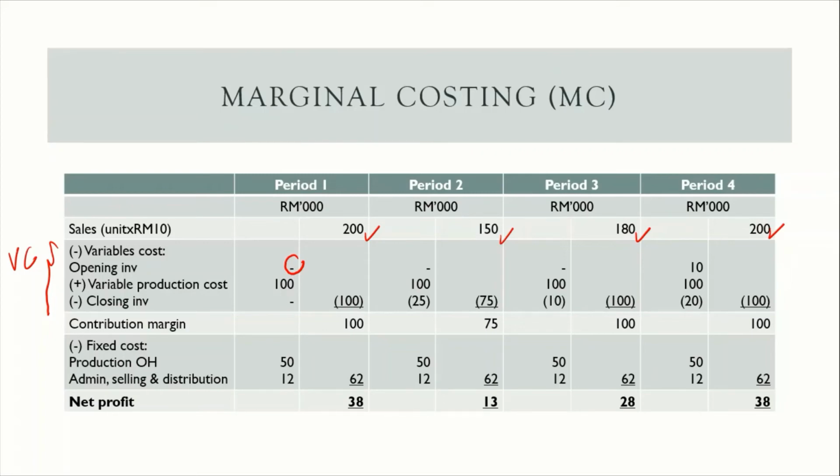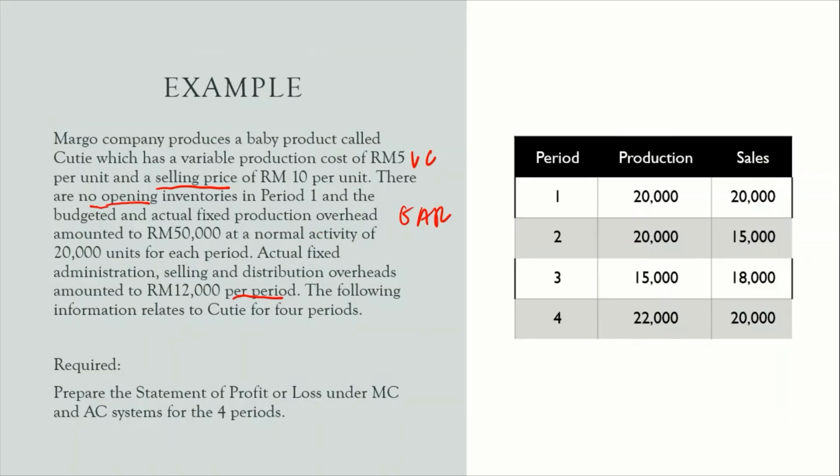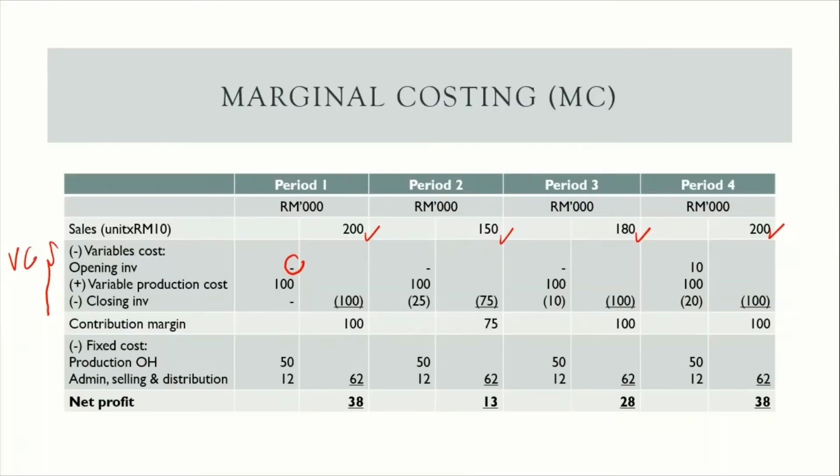After that, there is no closing inventory because in period 1, they sold everything. The things that they produced, they sold all. See, it is equal. So there would be no closing stock, and you just directly drag the total here. And you minus the 200 with the 100, and you gain a margin of 100,000.